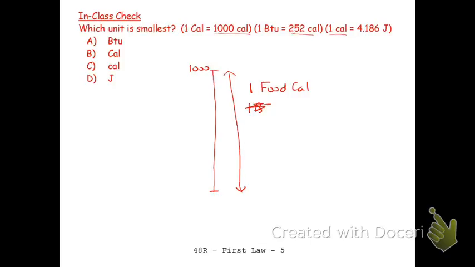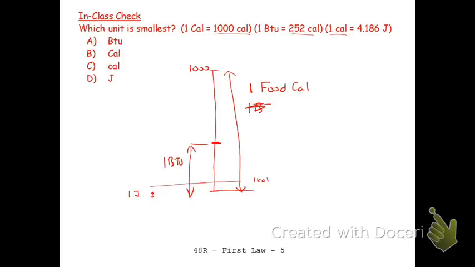A BTU, one BTU. I think I did that right. Yeah, I did that right. And then, oh man, 1 joule. 1 joule is less than 1. This is 1 calorie.